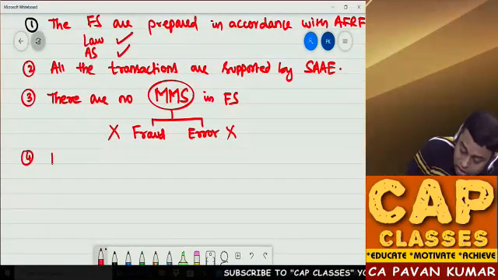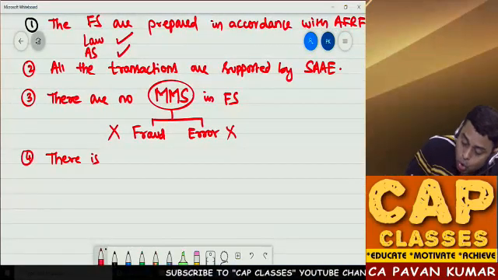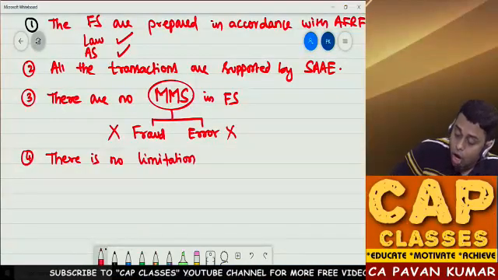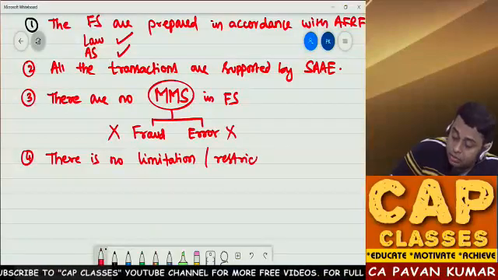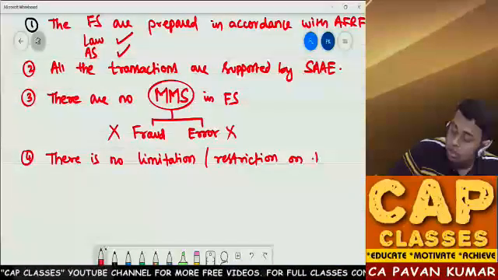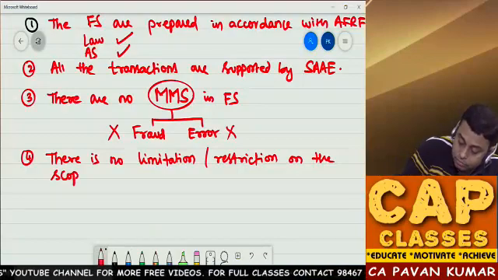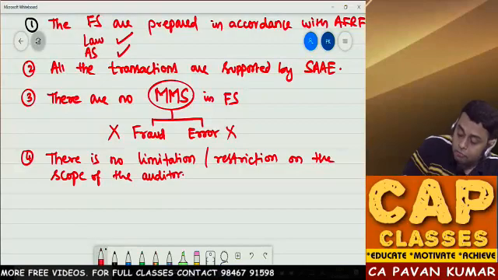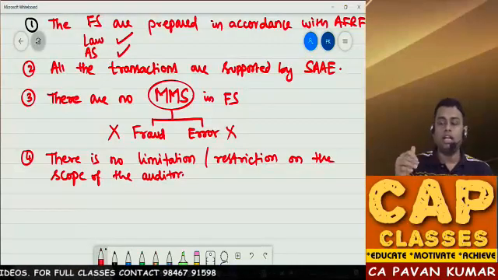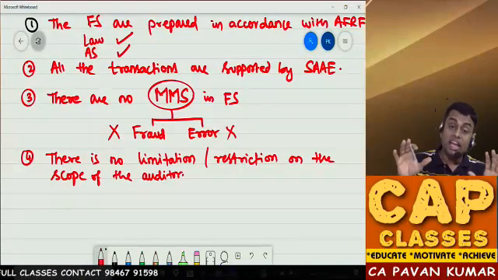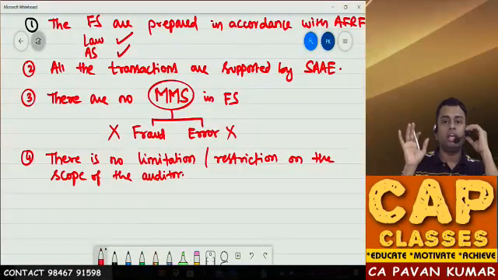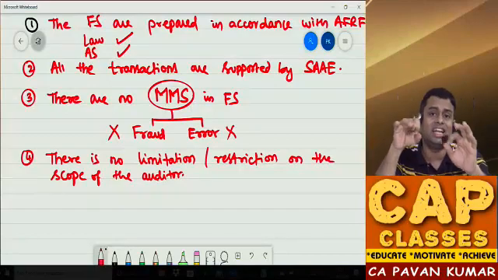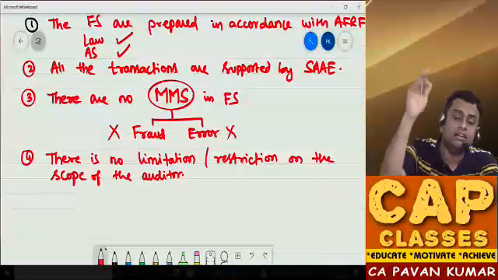Point number 4. There is no limitation or restriction on the scope of the audit. What is scope of the audit? Whatever procedure the auditor wants to perform, is he in a position to execute it? Say for example, there is one motor vehicle and I want to see it physically.